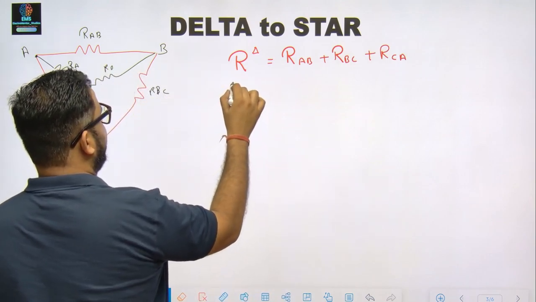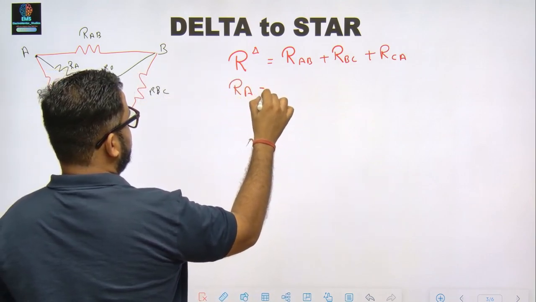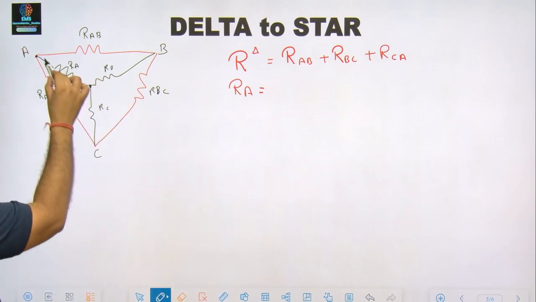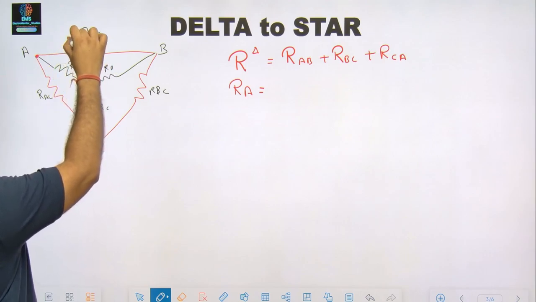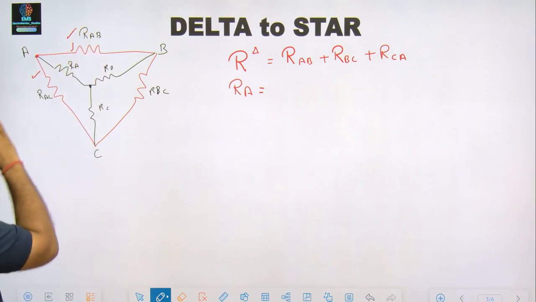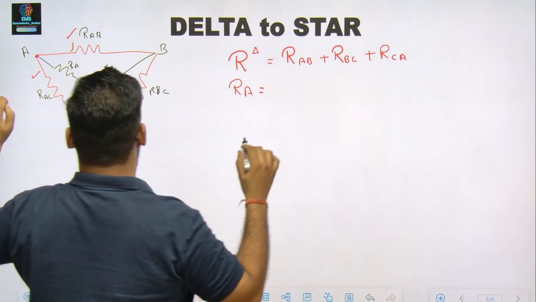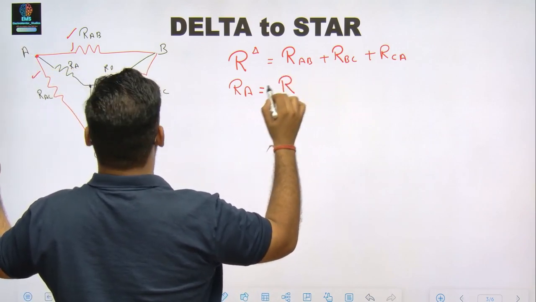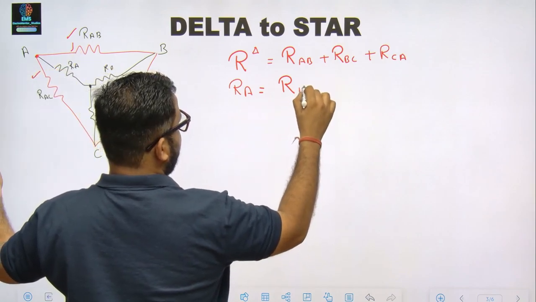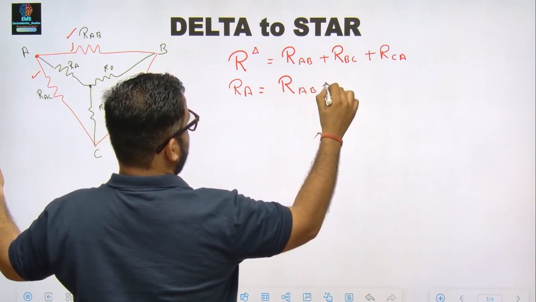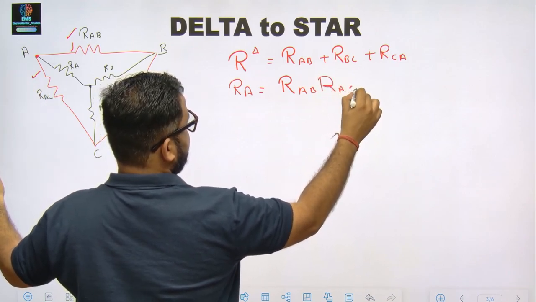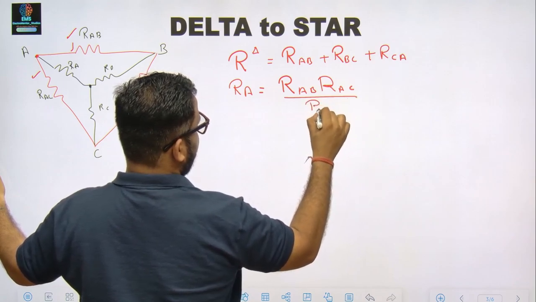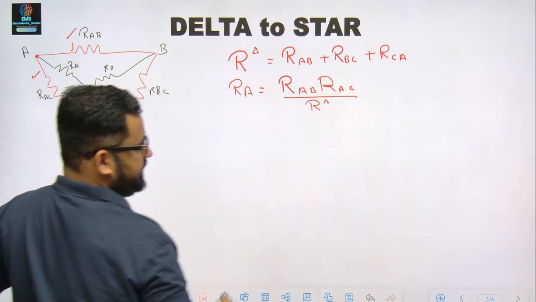So what would be my RA? Now for RA, at this point, there are two resistances, this and this, which are joining at point A. So RA would be RAB multiplied by RAC divided by R delta.